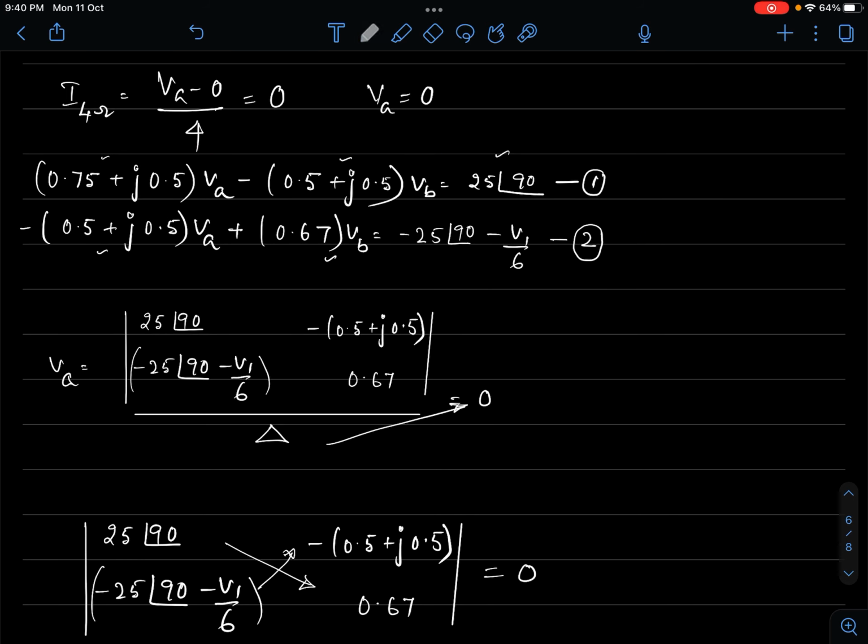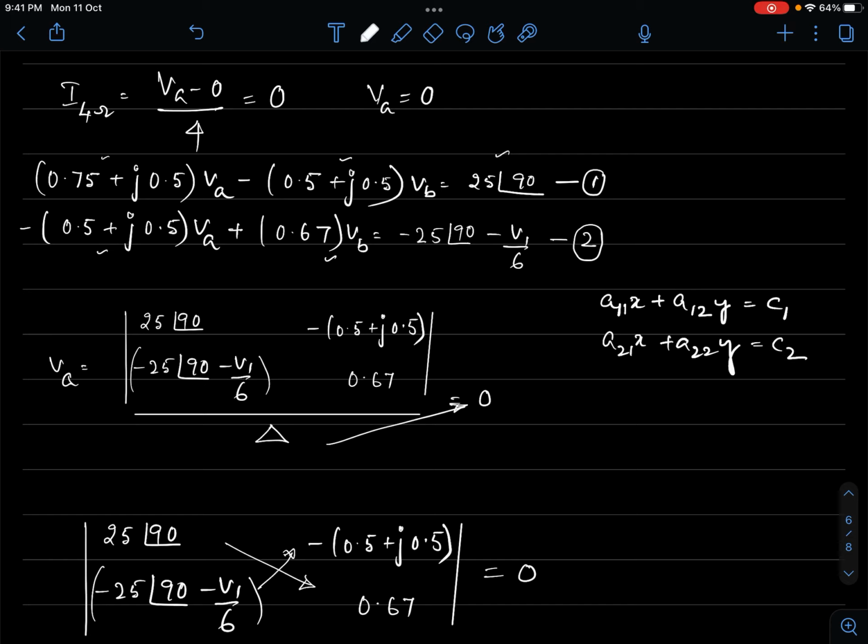Okay, now how do we apply Cramer's rule? I'll give a simple example like this. Suppose I have equations like a11x plus a12y equal to C1, a21x plus a22y equal to C2.